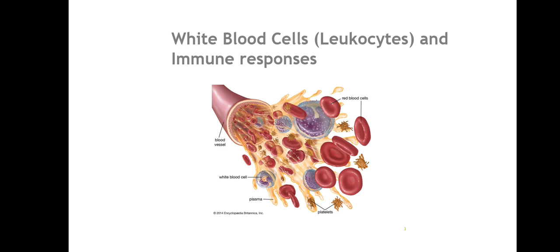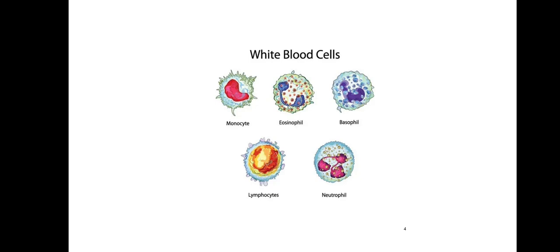So now we are going to look at different types of white blood cells. Basically, the white blood cells are in different types. So we have what we call, these two types are categorized as the granulocytes and the agranulocytes.